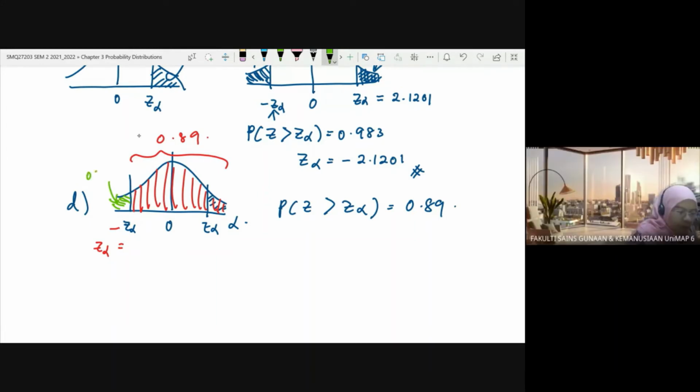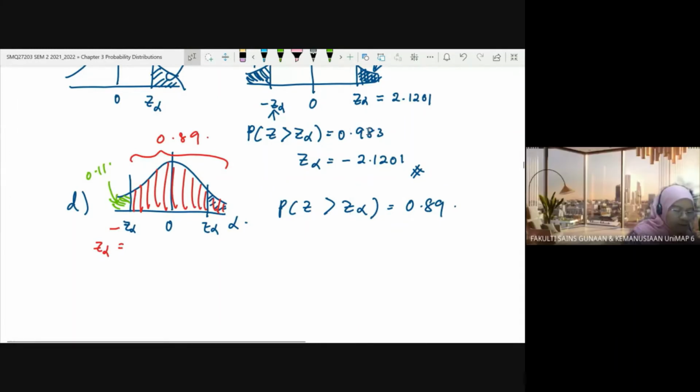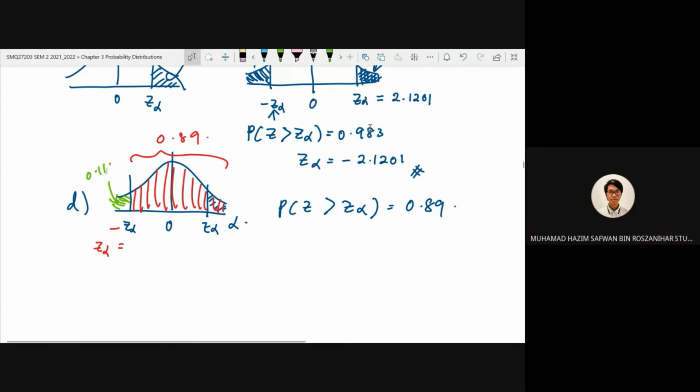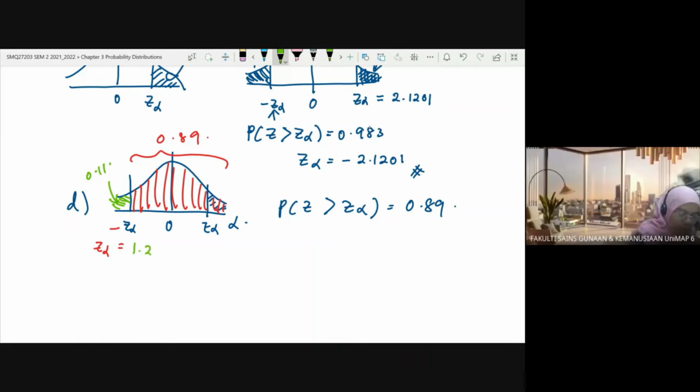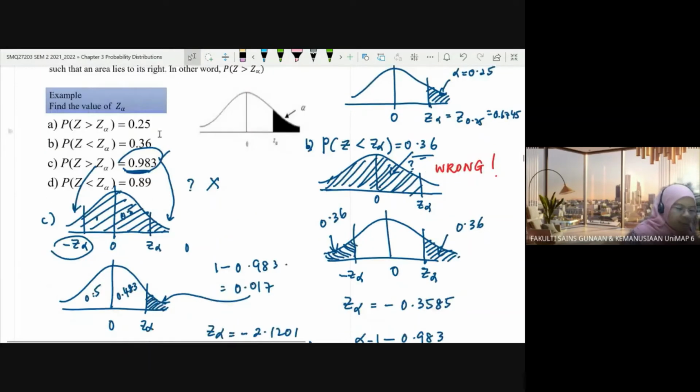Okay, 0.11, what is your Z alpha value? 1.2265. Negative value, right? Saya bagi soalan betul ke? Allah, saya bagi soalan salah. Dia less than ya.